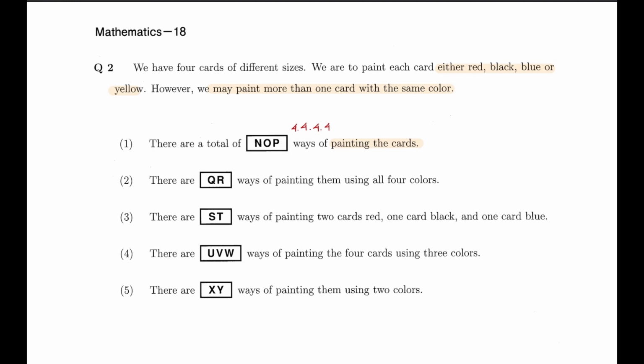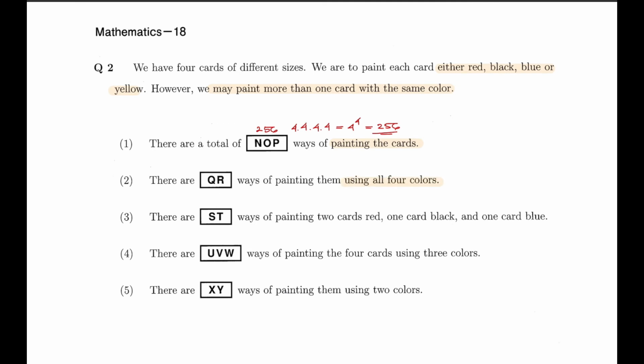So there are a total of 4 to the power of 4, which is 256 ways of painting the cards with no restriction. So NOP is 256. And then for the second question, there are blah blah ways of painting them using all 4 colors.